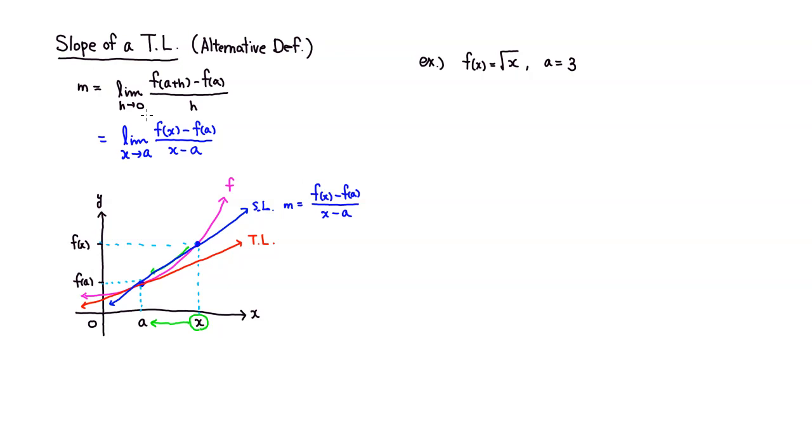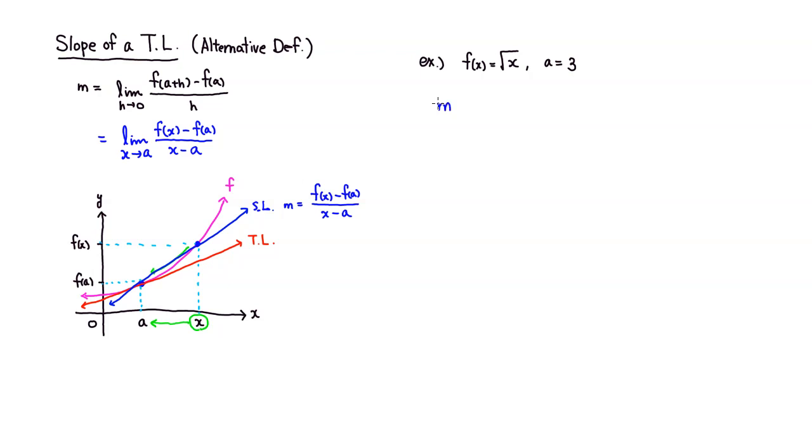Let's use that to find the slope of the tangent line. Here's an example. Let's say you have a function f of x equal to the square root of x, and let's say a is 3. Let's find the slope.